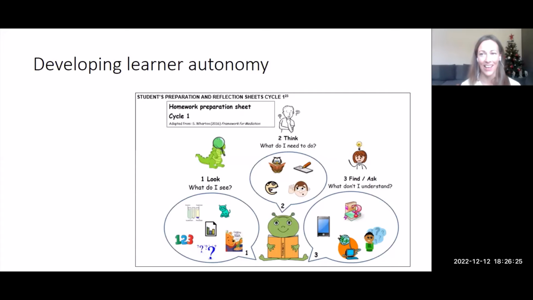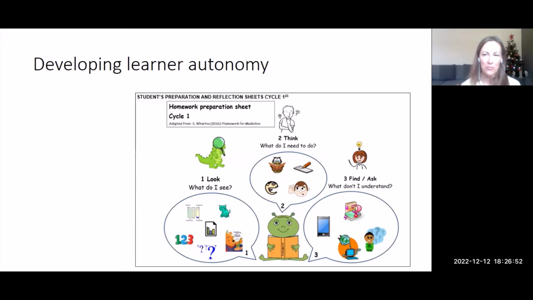Their parents didn't know that, and again, the children felt unable to do this without support. I wonder if this is something that ever faces your students, that they found their homework difficult, or they haven't been sure what to do, and they come back to class and say, I didn't understand what I had to do, or there was no one to help me with it. Okay, so I can see some yeses.